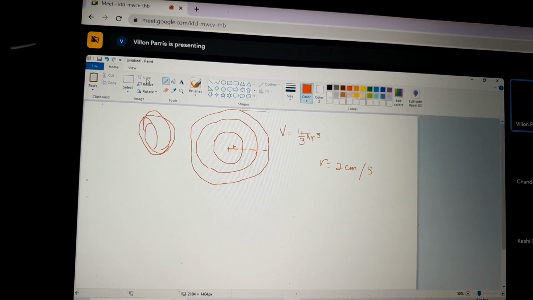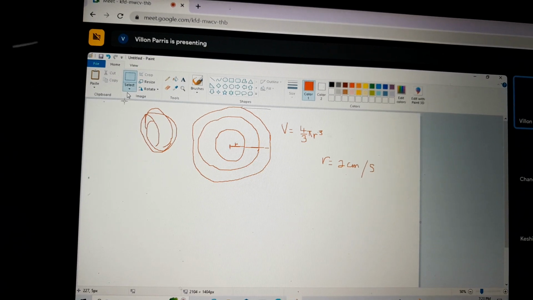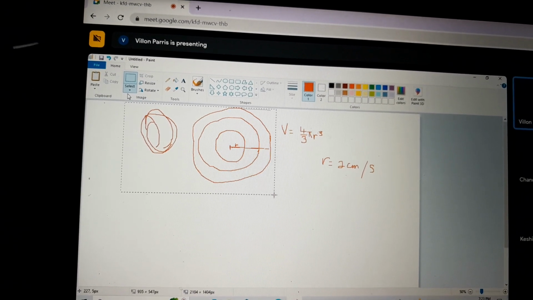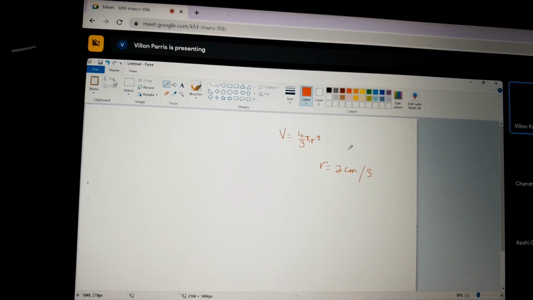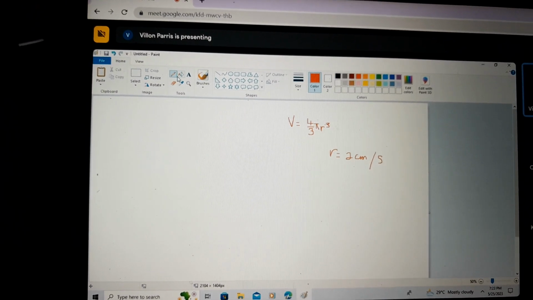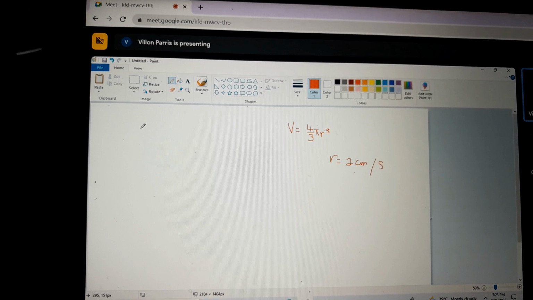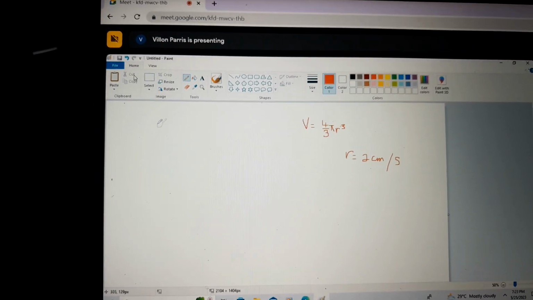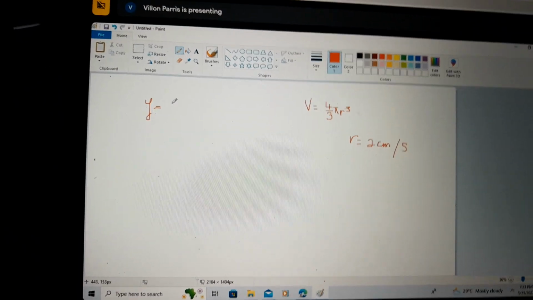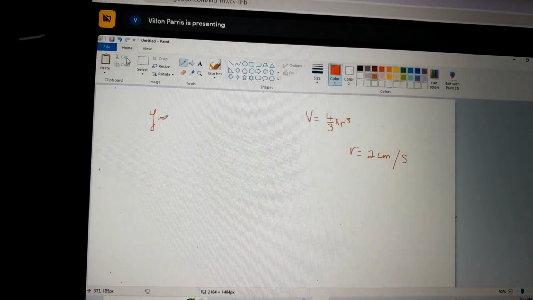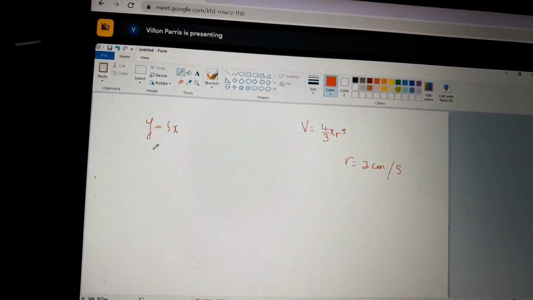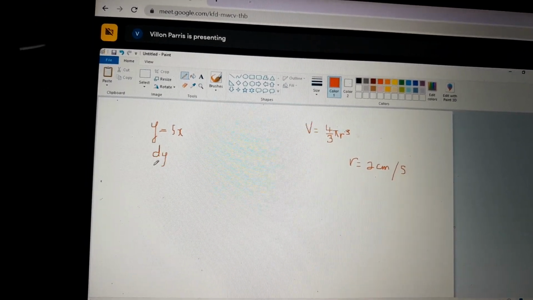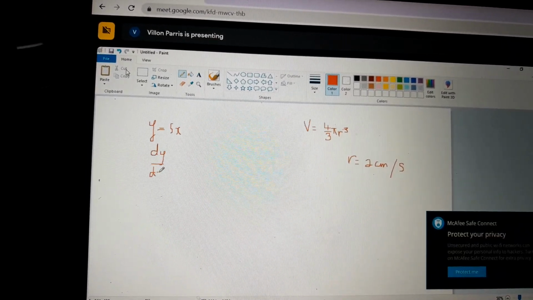Now to represent this rate of change, let me take a step back. We represent the rate of change of y with respect to x by writing what? dy/dx. Right?